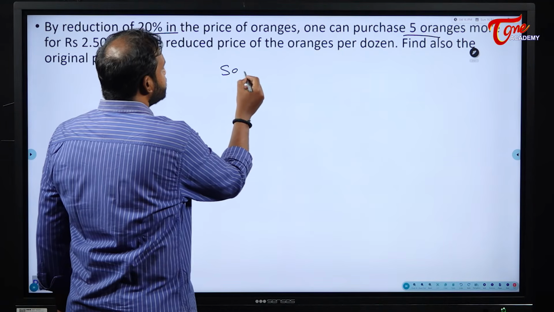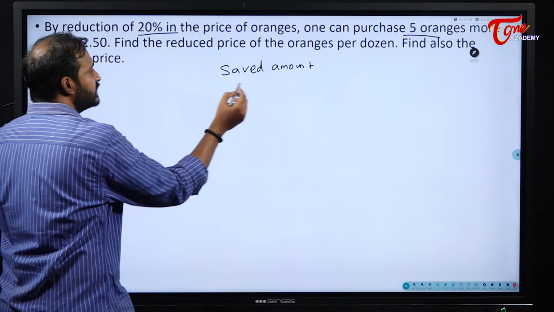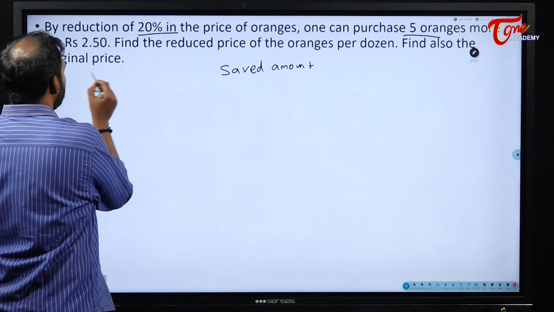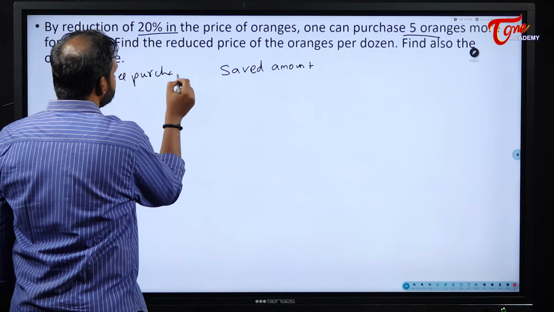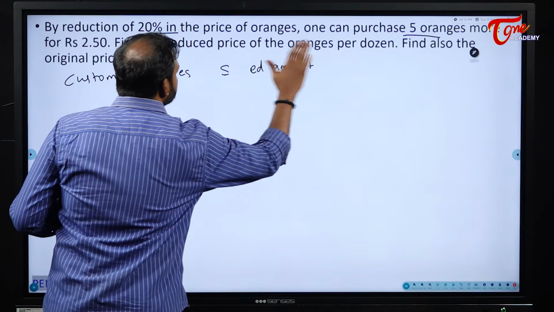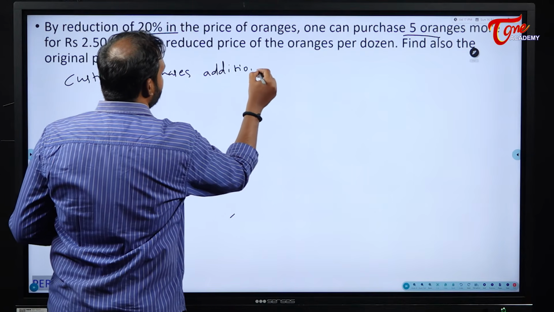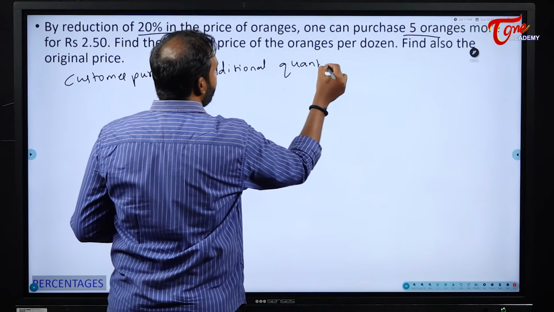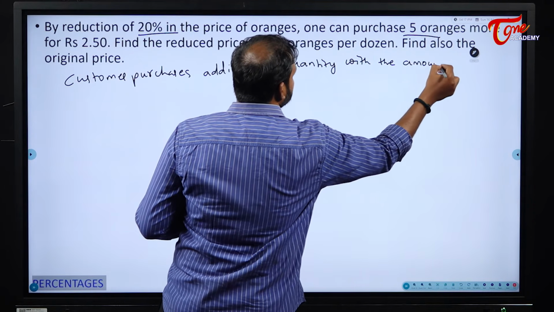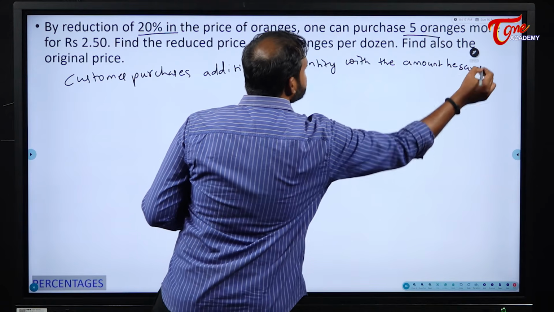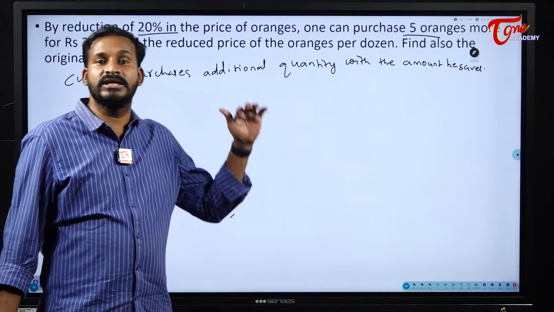So the customer purchases additional quantity with the amount he saves. If the price drops, obviously some amount will be saved, and with that amount he is going to purchase additional quantity.